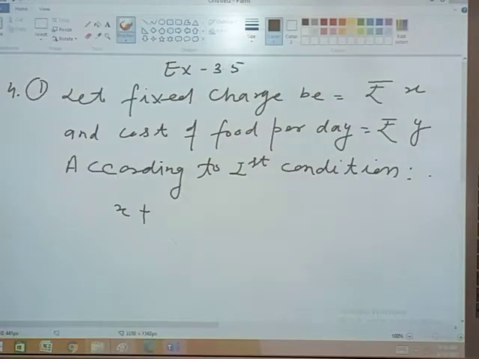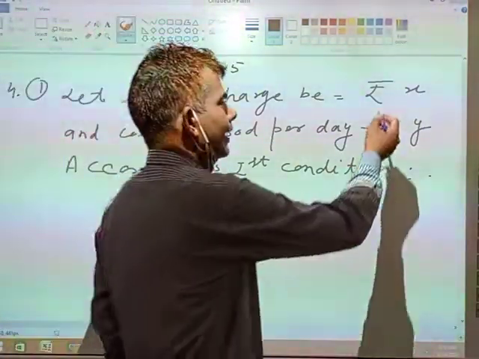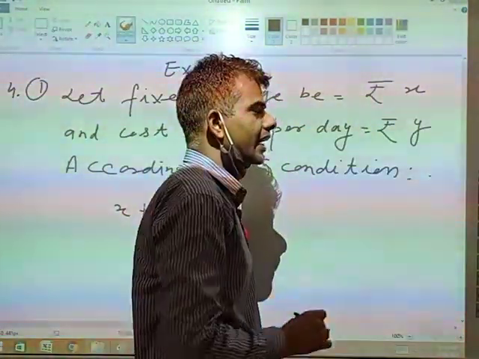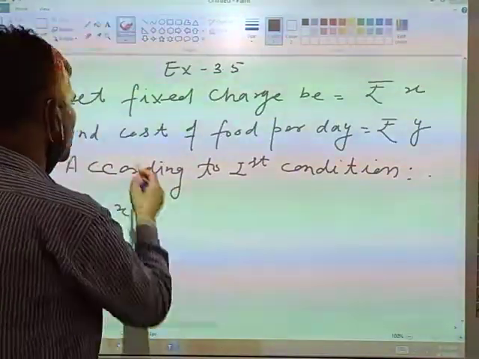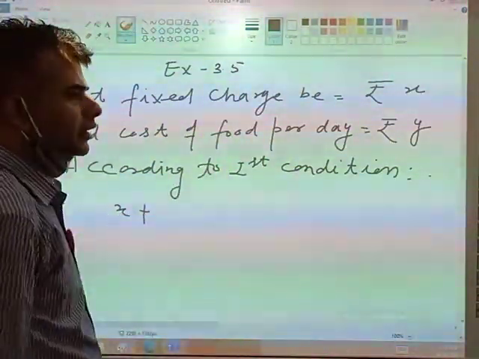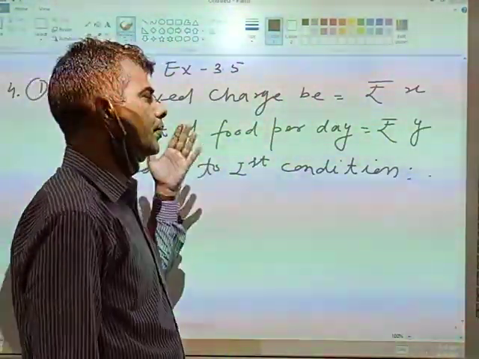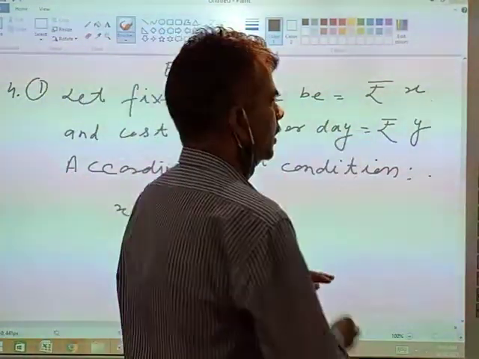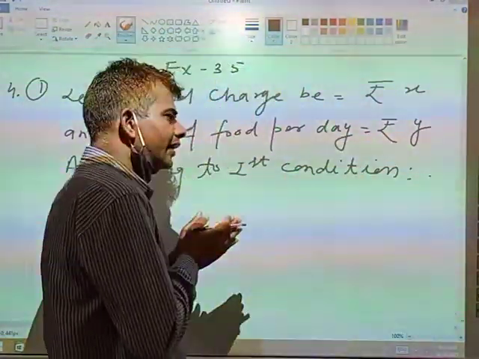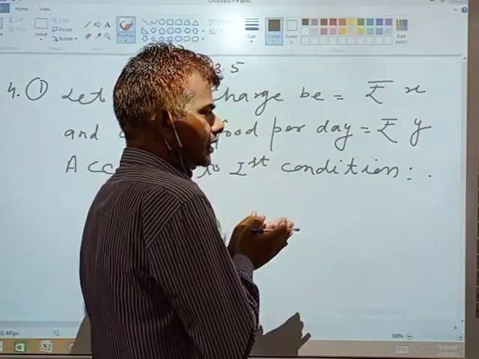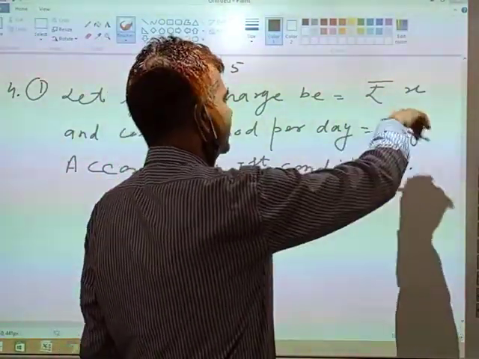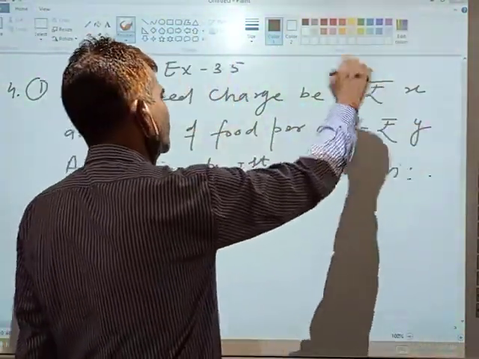Let the fixed charge be rupees x and the cost of food per day rupees y. Students, if you take food from the mess, there is a fixed charge, rupees x.